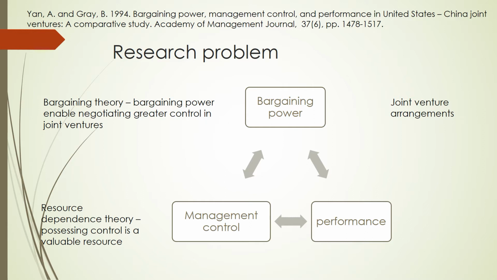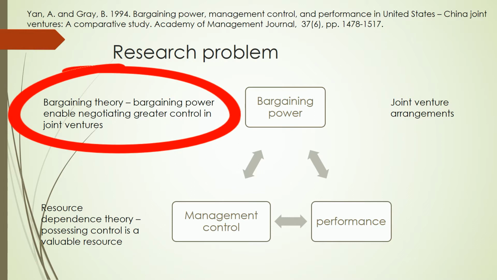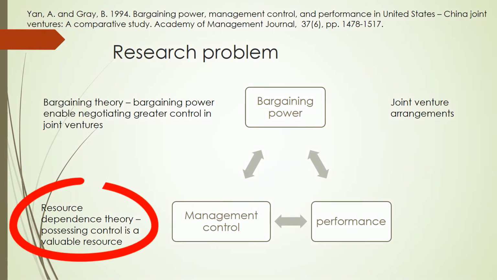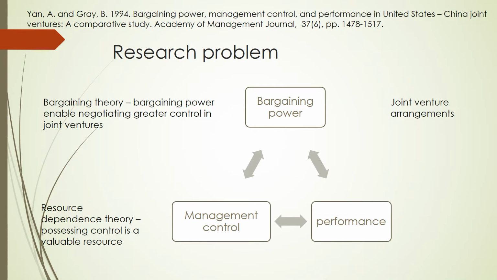They use two theories: bargaining theory, which shows that bargaining power enables firms to negotiate greater control in joint ventures, and resource dependence theory, which shows that possessing control is a valuable resource for firms.